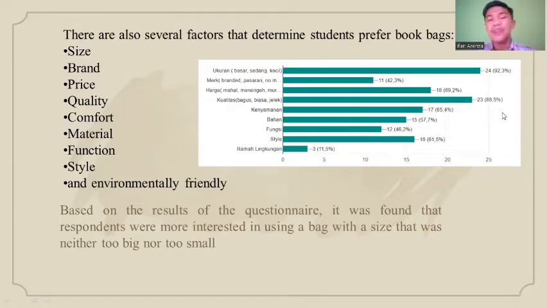Based on the result of the questionnaire, respondents were more interested in using a bag with a size that was neither too big nor too small. That is so important, and that is the result data.